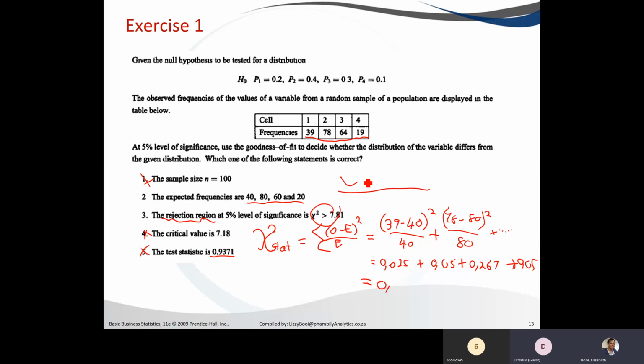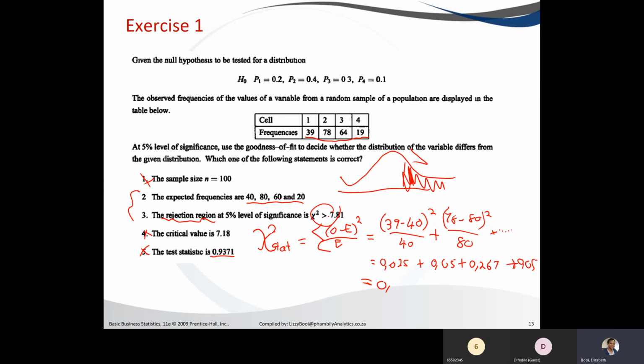Since it's the chi-square distribution, this side will be your rejection area, and this is your bigger side of the rejection area. So, yeah. Okay. This is correct as well. So between the two, I don't know which one they expected you to say is correct or incorrect.